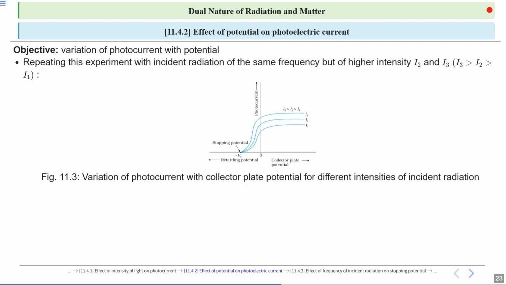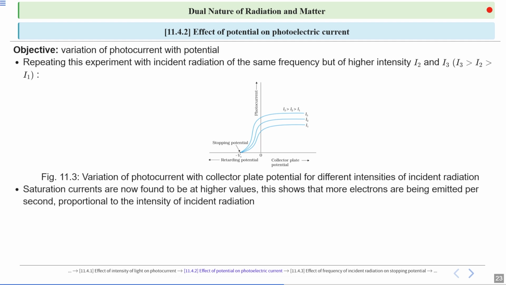This means more photons are hitting the surface, so more electrons are being released. Now observe that the saturation current, the maximum current we can get, becomes higher as the intensity increases. This tells us that more electrons are being emitted per second, and this number is directly proportional to the intensity of the incident light.